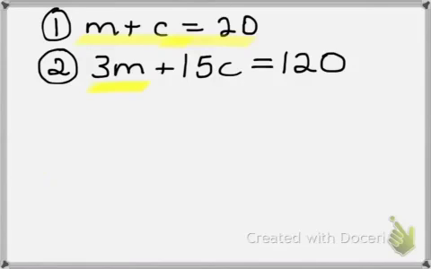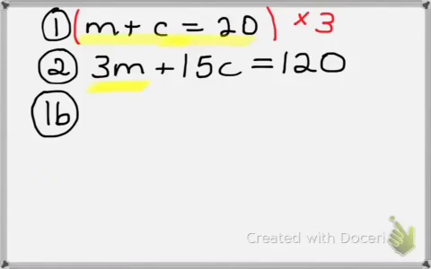We're going to multiply the entire equation by 3 so that we can eliminate the m's. So our equation 1b is going to equal 3m plus 3c, and 20 times 3 is 60.